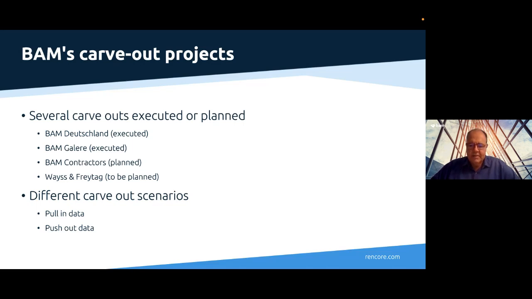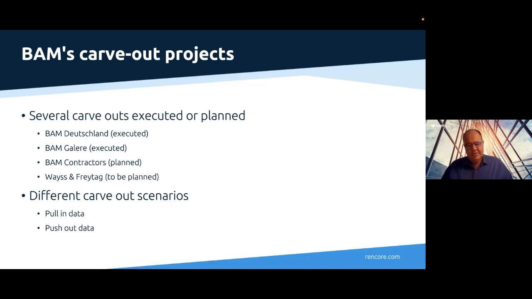Also with BAM Galère in Belgium, and we have two upcoming. That's BAM Contractors in Belgium, which will take place at the end of November this year, also due to the holidays, etc. And recently there was a press announcement that we've also sold our activities from Björn Freitag to the Czech group. So we need to plan these activities.